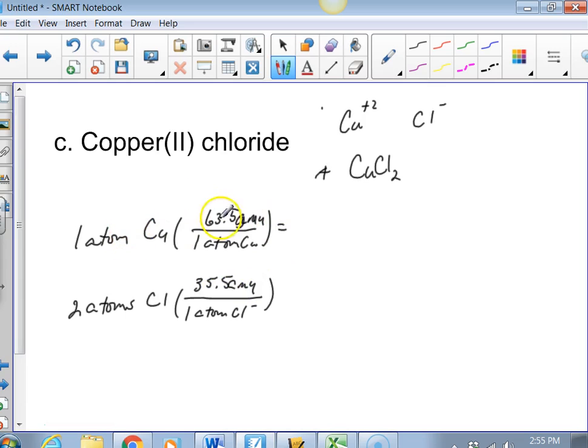This gives 1 times 63.5 is 63.5 AMU, and 2 times 35.5 is 71.0 AMU. And that gives us a sum, add them together, of 134.5 AMU.